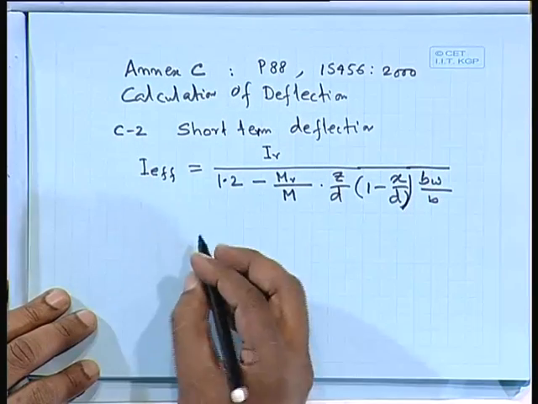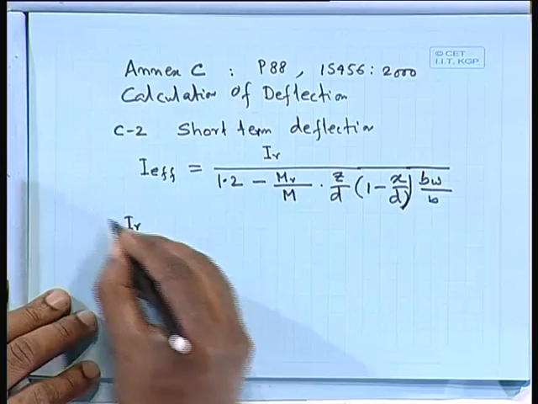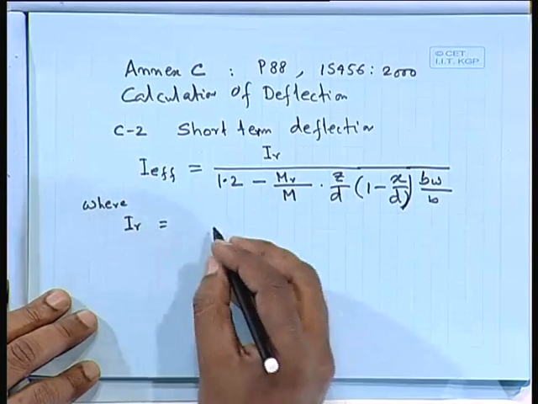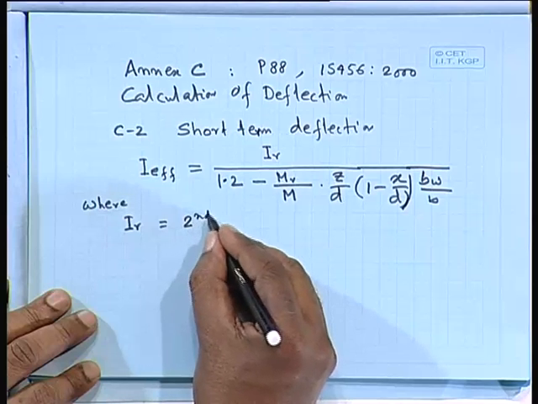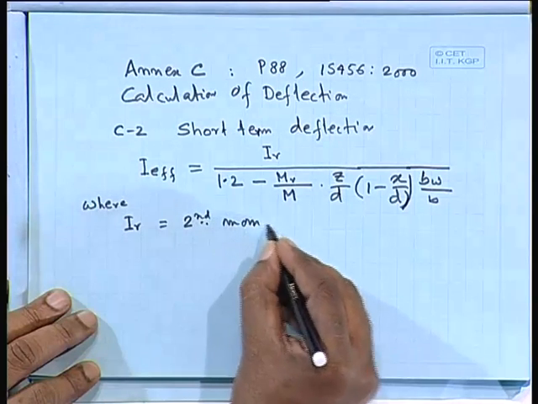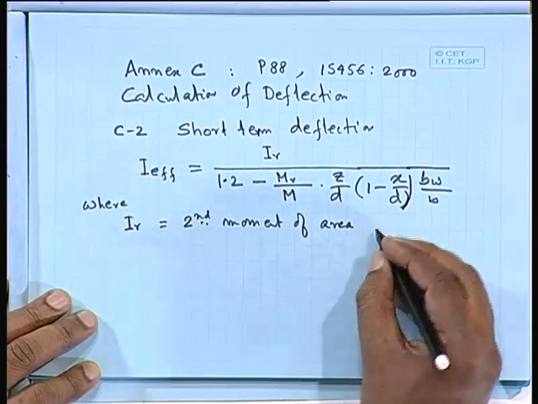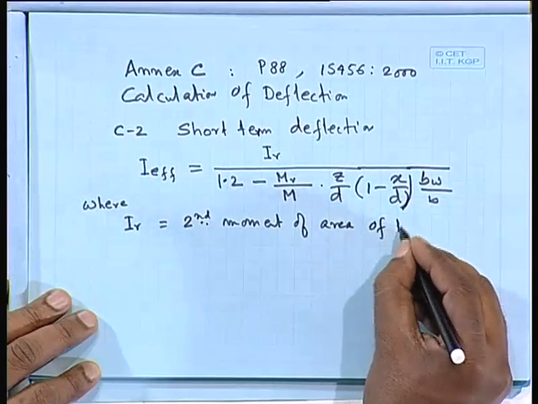So, IR, at least let me write down a few things. IR, that is the second moment of area of the cracked section.